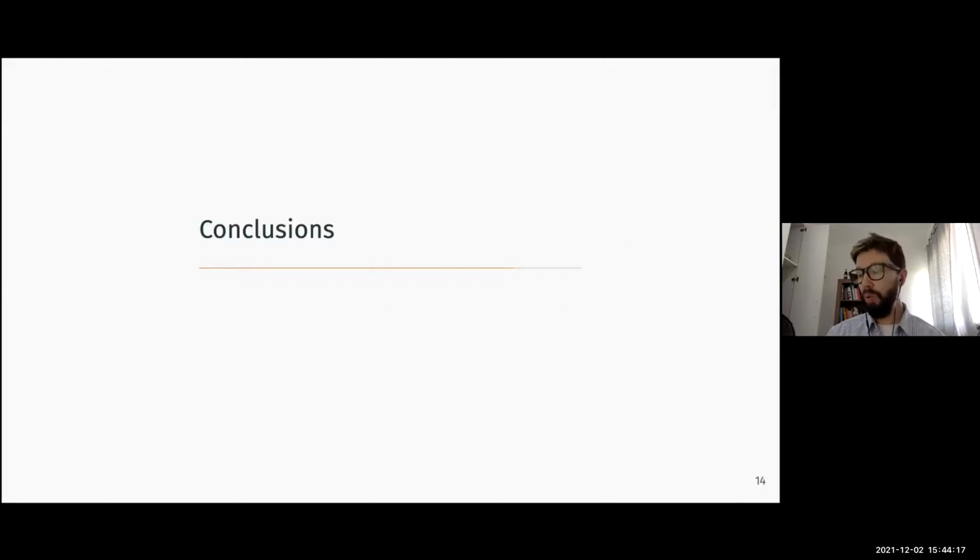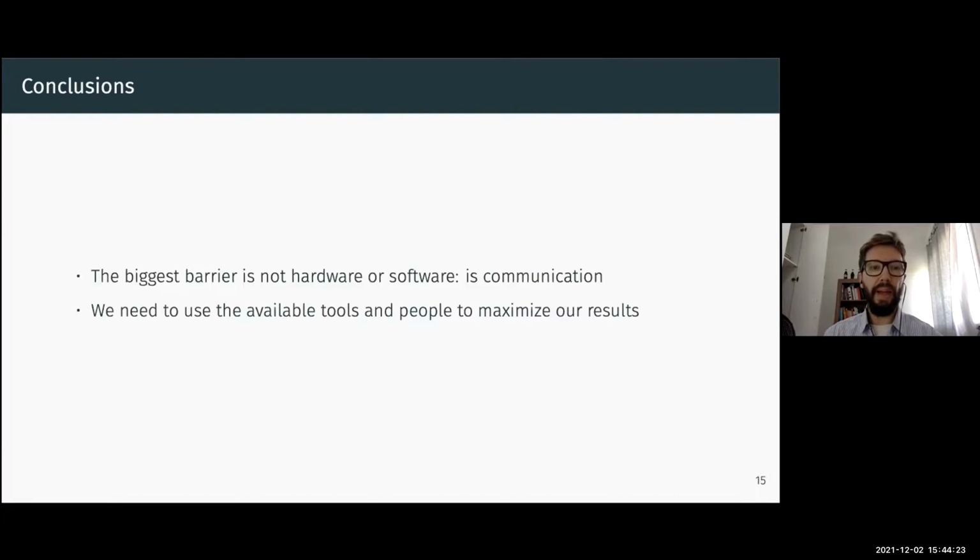So in conclusion, what I was trying to tell you today is that the biggest barrier when we talk about data science and its challenges, for me, is not hardware or software. This is usually fine. It's easy to get these two things. Communication is the largest barrier here.